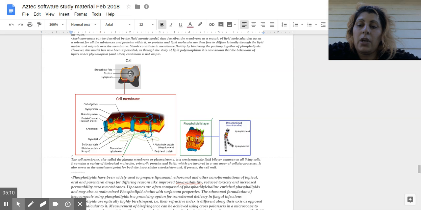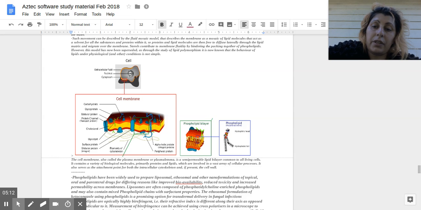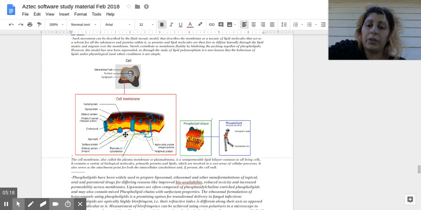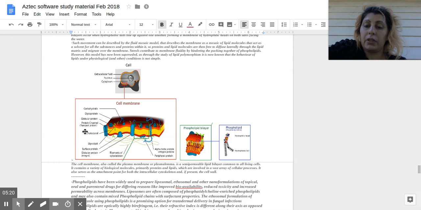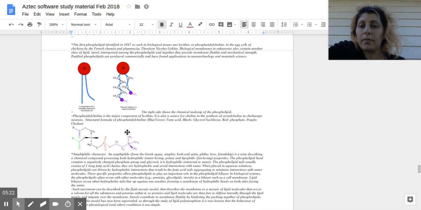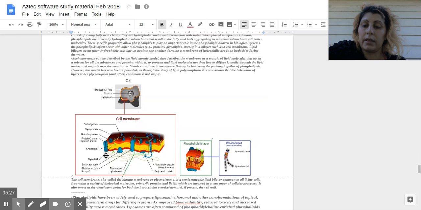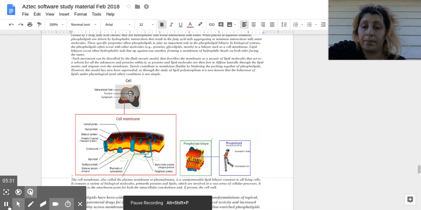The polar head of the cholesterol molecule aligns itself with the polar head of the phospholipids, and the nonpolar part of the cholesterol, which is the four cyclic rings, aligns with the nonpolar part of the phospholipid.